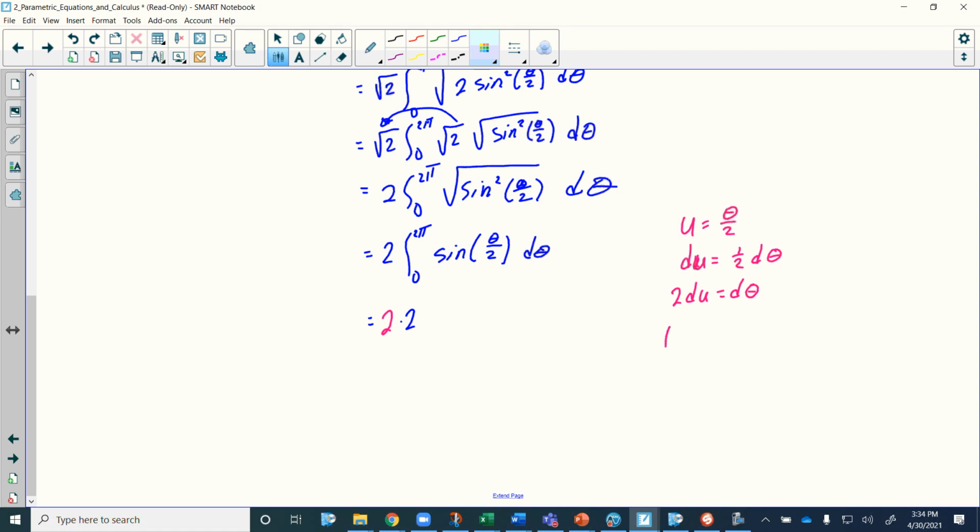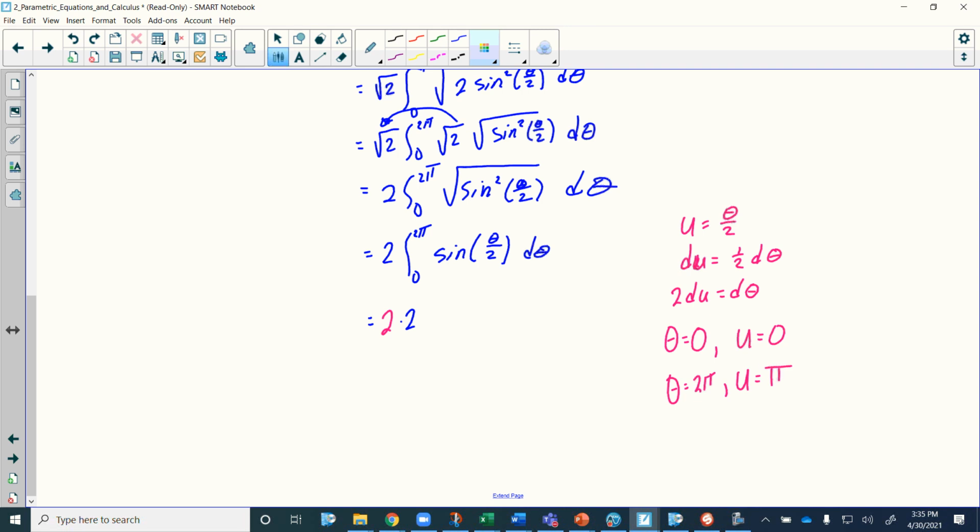Now, in this case, when theta is equal to 0, what's u going to be? So in this case, 0 divided by 2 says that u is just going to be 0. And when theta is equal to 2 pi, if I say 2 pi over 2, that means u in this case is just going to be pi.